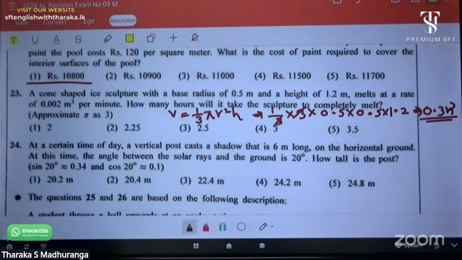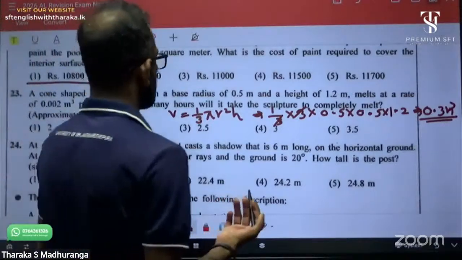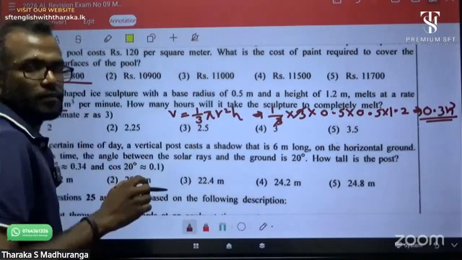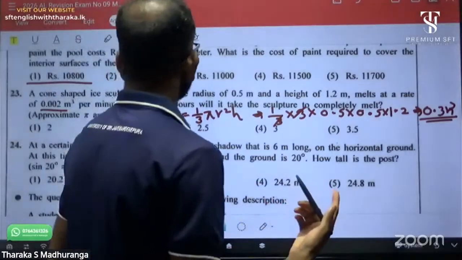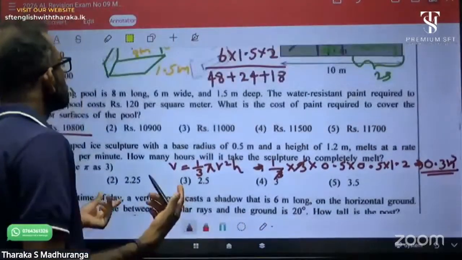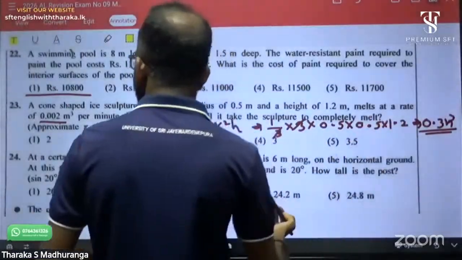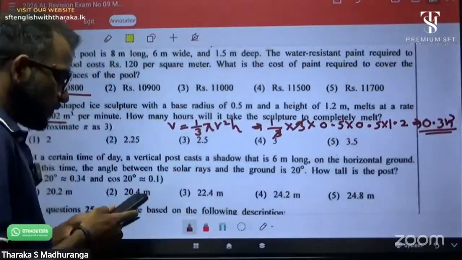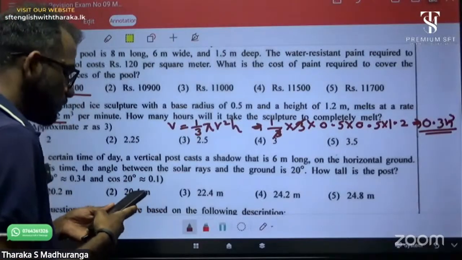Right. Now it is given per 1 minute this much of volume. Then we can get the number of minutes required for this melting: 0.3 divided by 0.002.